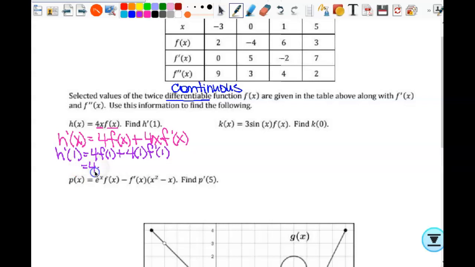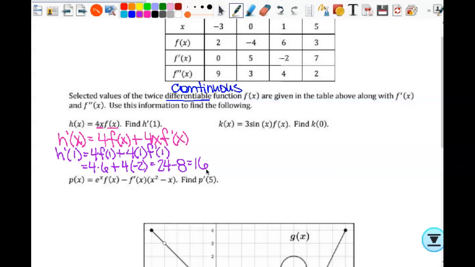So this is 4 times 6 plus, then that's going to be 4 times what's f prime of 1? Negative 2. So that's going to give me 24 minus 8, which is 16. Any questions about that?